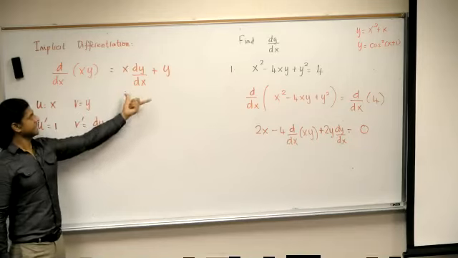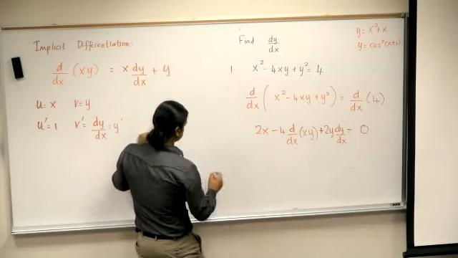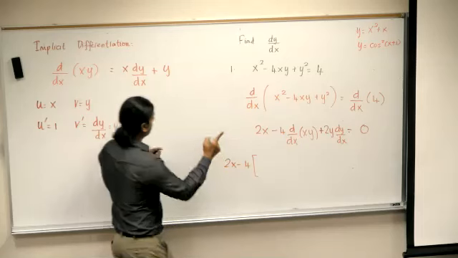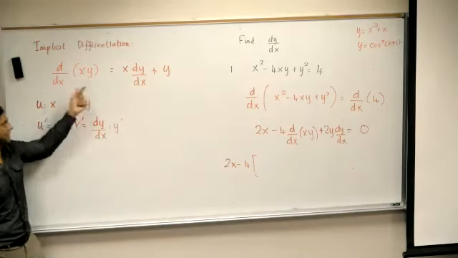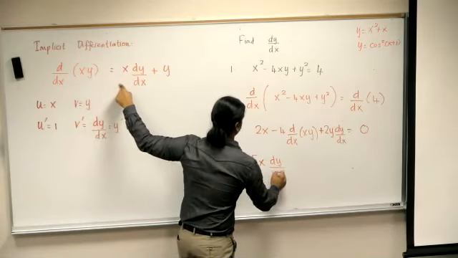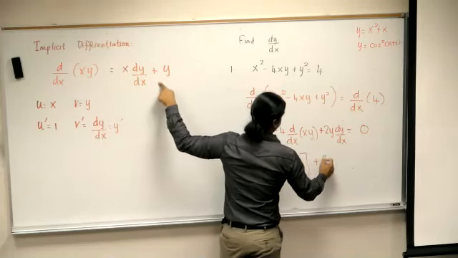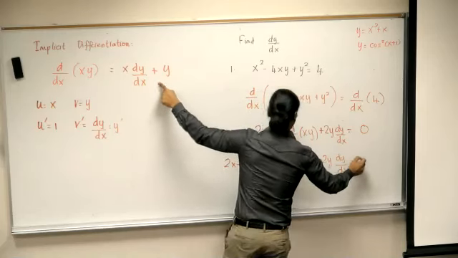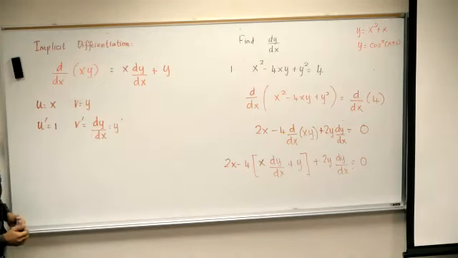Good. I'm going to take this, plug it back in here, try to simplify it and solve. So 2x minus 4 multiplied by the derivative of xy with respect to x, which is x multiplied by dy over dx, plus y, plus 2y dy over dx.